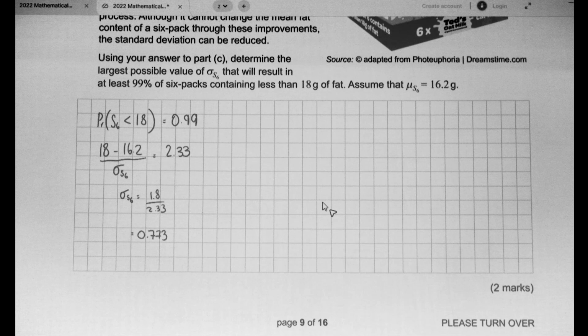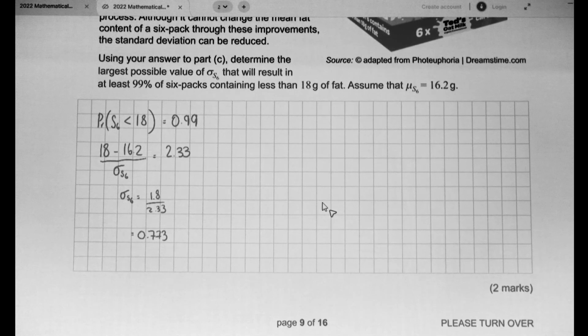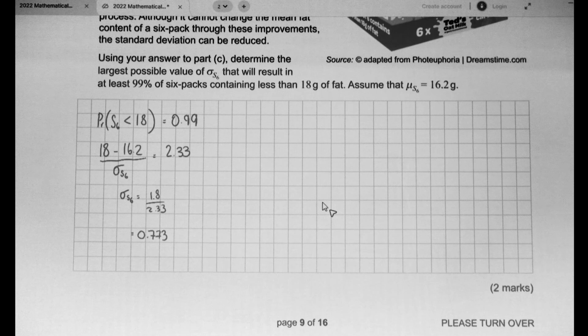So the wording in this, to say trial and error is not acceptable, was using your answer to part C. So if they did not use that 2.33 in their working, then they weren't going to get full marks. Probably if they use trial and error to get to the right answer, they might have got 1 out of 2, but they can't get full marks. Okay.